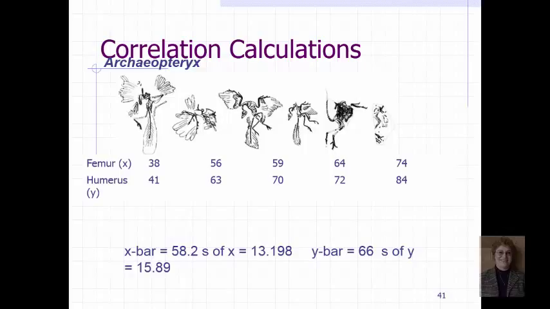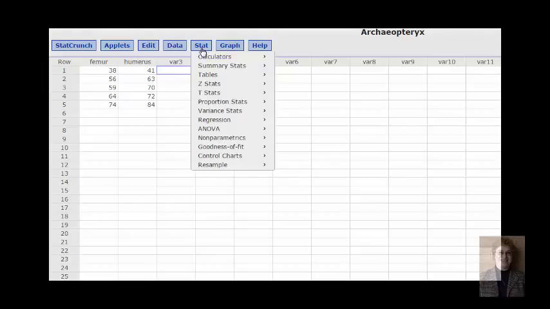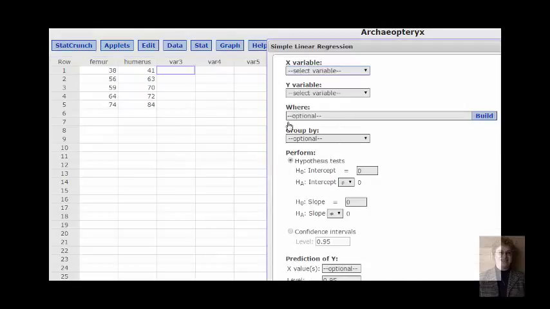We can use StatCrunch. So here again, I have my data already in StatCrunch, and I'm going to go Stat, Regression, Simple Linear.